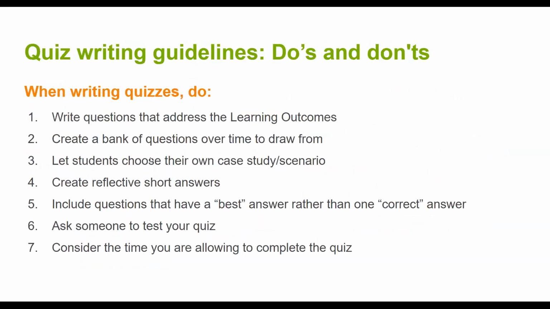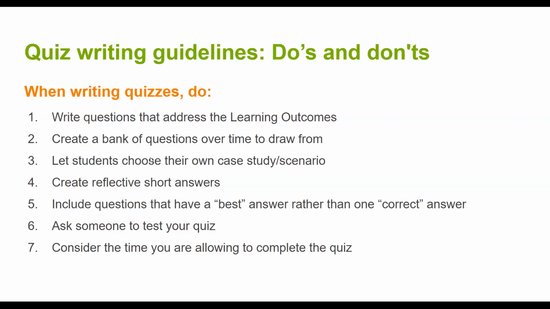Okay, let's move on. I'm going to give a summary of the things that we have spoken about now in the examples and what we've said from the beginning of the webinar. I'm first going to go over a couple of do's when writing quizzes, and then what to avoid.